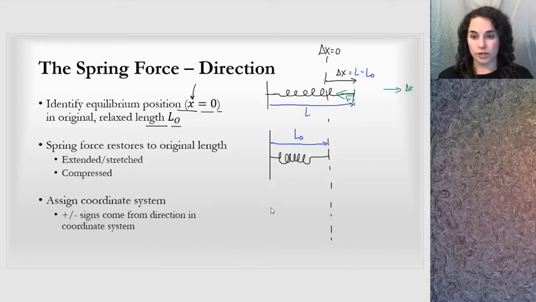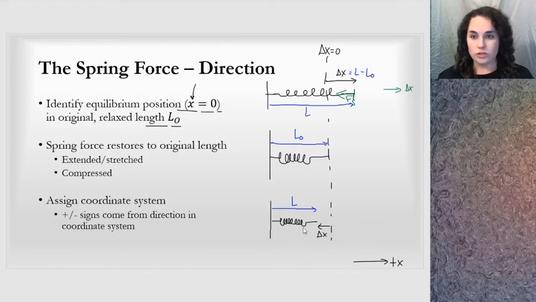If I push on it, and let me draw that situation down here, I'll mush the spring so that its relaxed length is longer than this length. So this is the new L. We can see that delta x is in the negative direction here, and that would assume that this is the positive x direction. Delta x is in the negative direction.